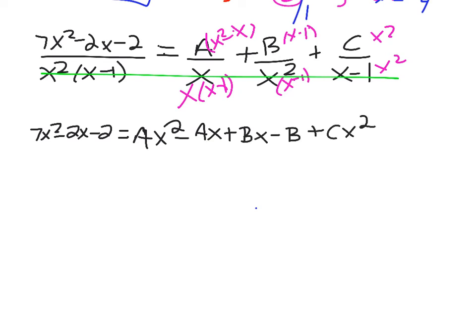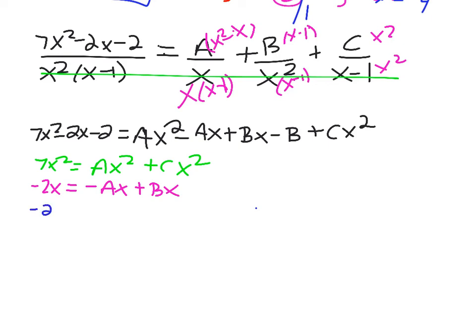So then we're going to have 7x squared is equal to ax squared plus cx squared. Negative 2x is equal to negative ax plus bx. And we have negative 2 is equal to negative b.